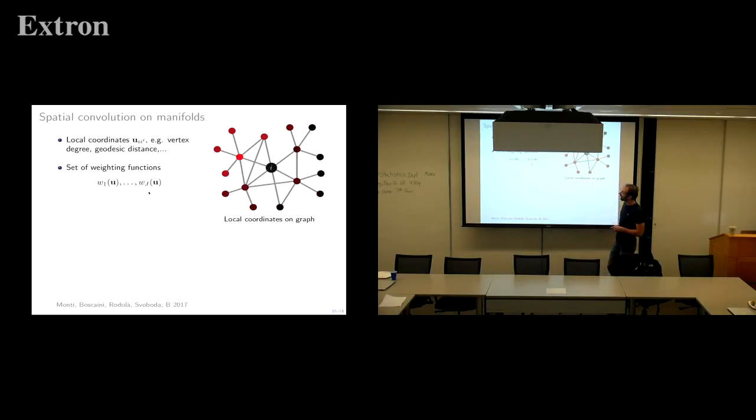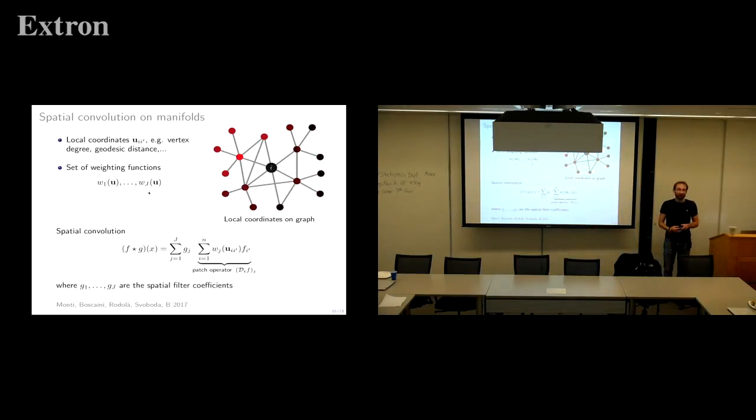Okay, and now we have a set of weighting functions, let's say J such weighting functions that depend on these coordinates. Here is an example of a weight, where white is large weight and black represents small weight. And we can define spatial convolution on a graph by taking the jth weight function with respect to my coordinates around vertex i, applying it to the function at the vertex i'. So this will be a kind of weighted average of the function on the graph around vertex i.